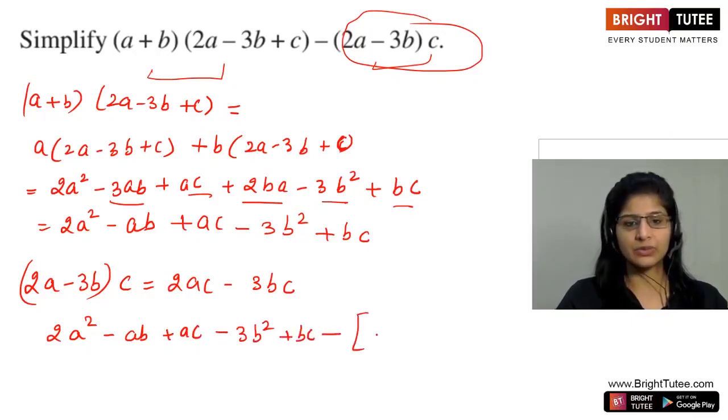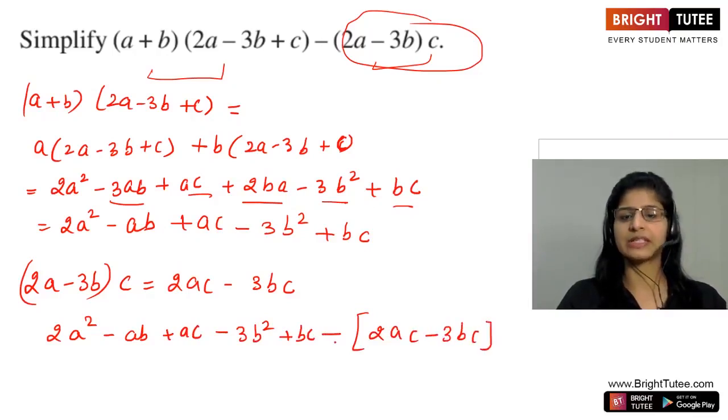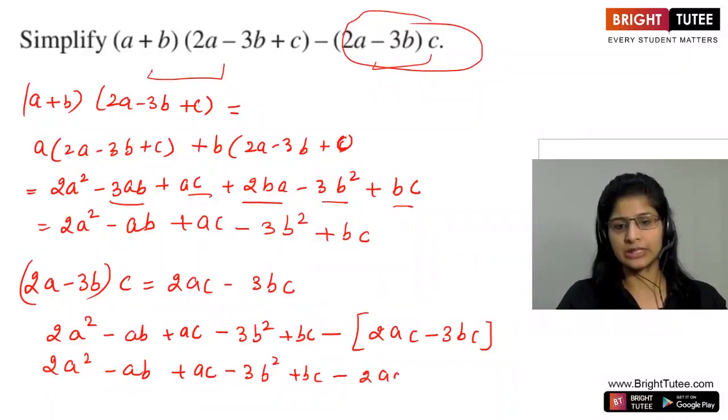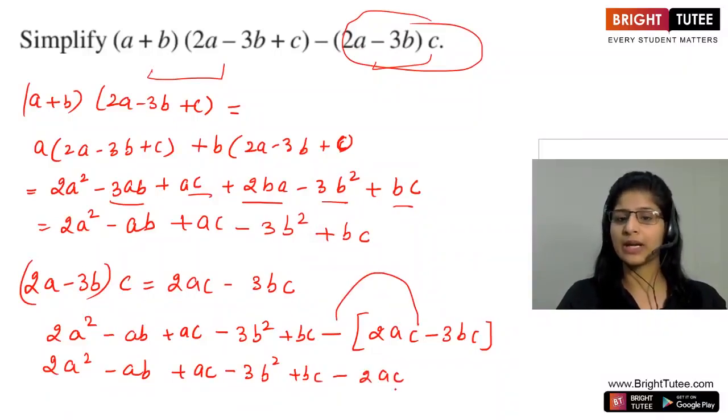And from this we have to subtract 2ac minus 3bc, because there is a negative sign outside. We are going to change the signs inside the bracket. 2a square minus ab plus ac minus 3b square plus bc minus 2ac, minus and minus will become plus 3bc.